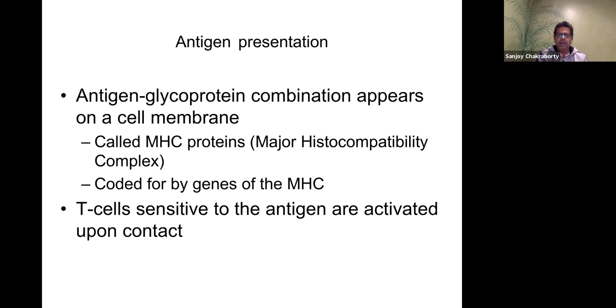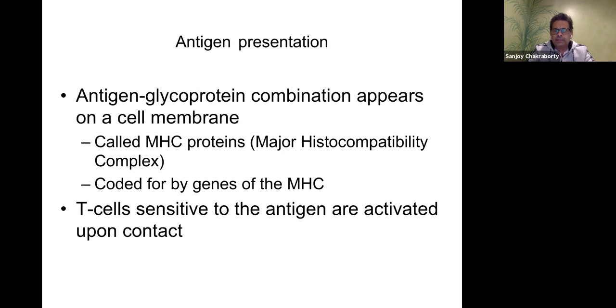And they're telling the army, hey, this is the enemy, kill them. That's where the word antigen presentation comes from. This is very interesting, the antigen presentation part, because all our body cells can be part of it.